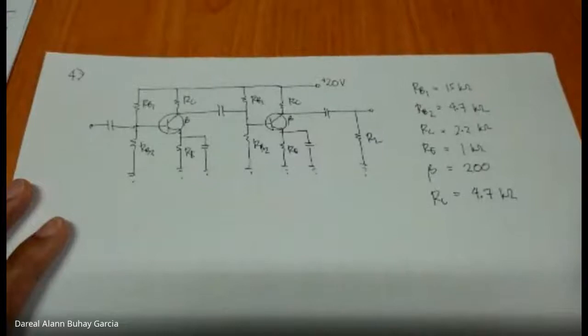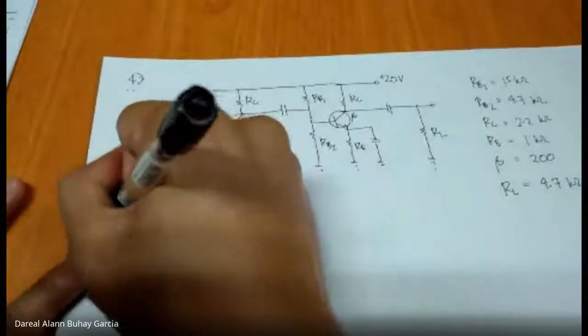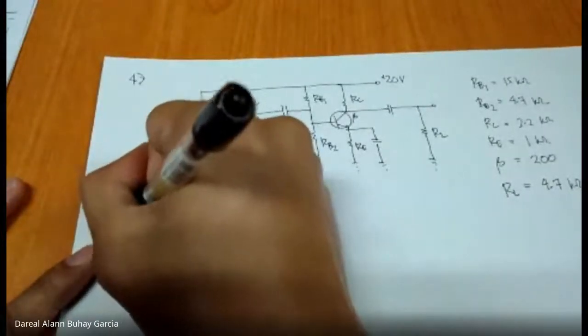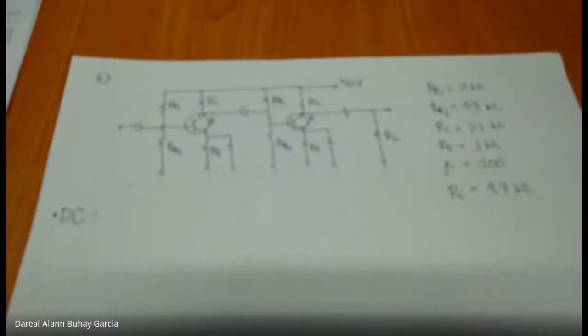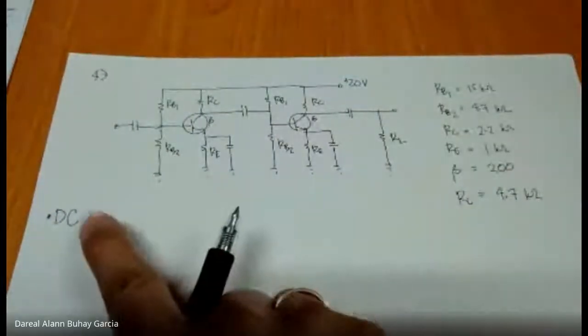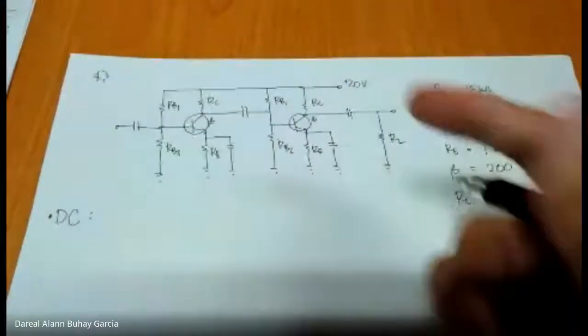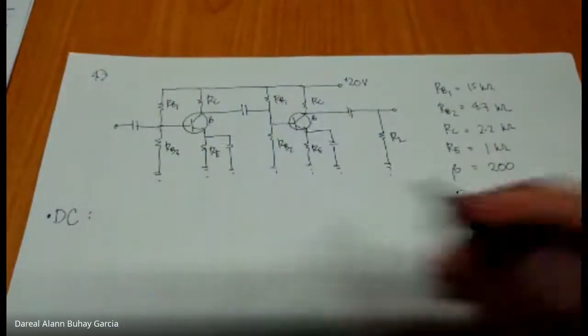Sige. DC, no? DC portion. Isa ka parameter atong kinanglan mabalaan sa DC gyud. Di ba? Unsa nga part sa DC atong kinanglan mabalaan na ma-carry over nato sa pagkuha sa mga gains?